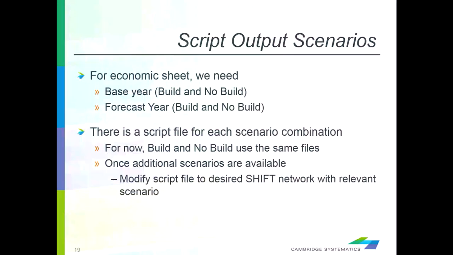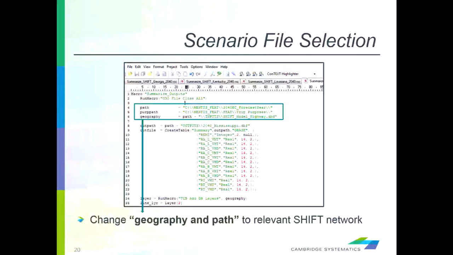Then for the economic input sheet, as Paula mentioned, we need a build and a no build for the base year, and a build and a no build for the forecast year. And as mentioned, we have a script file for each combination.